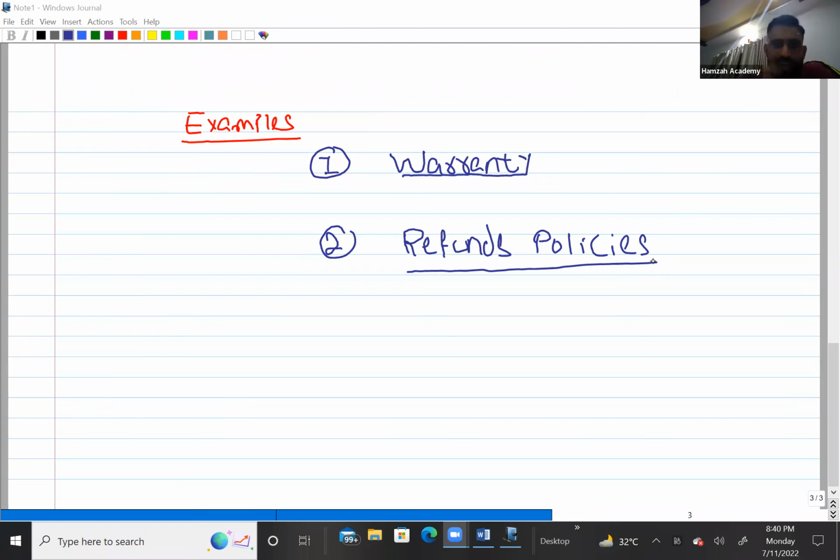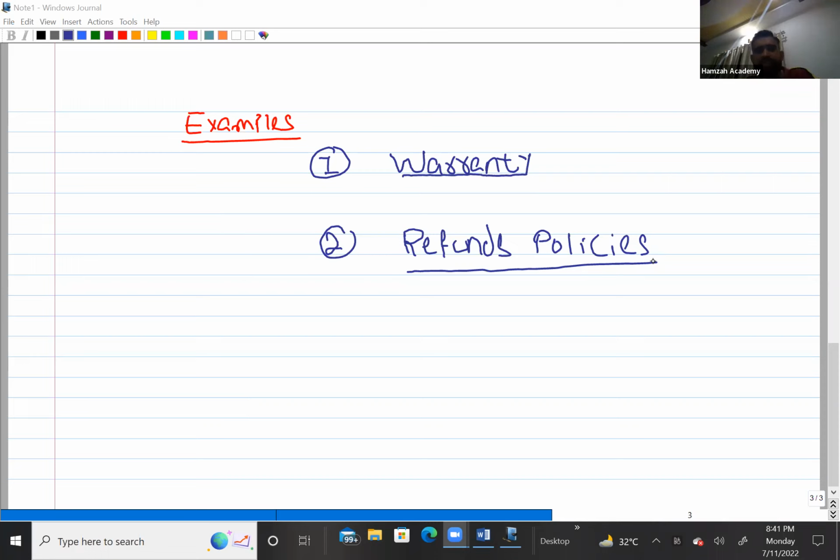Okay, I'm not asking about the alternative terminologies. I just want to know what you think about the warranty when we buy a product? Yes, warranty means the company is giving you a guarantee. The company, the manufacturer, the provider, is making a promise with you at the time of sale that if there is any manufacturing defect in the given product within a given time period, the company will rectify that without any cost.